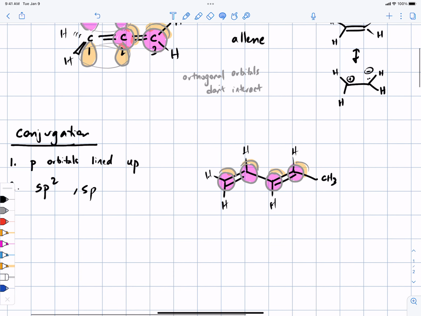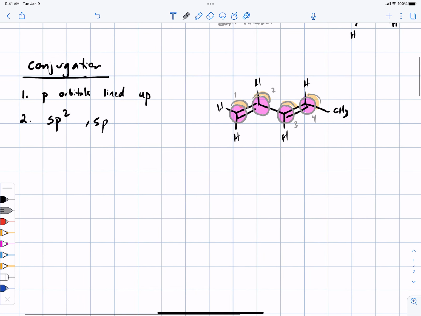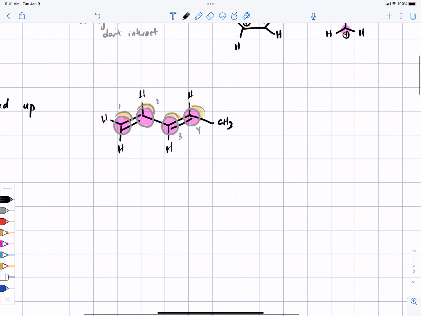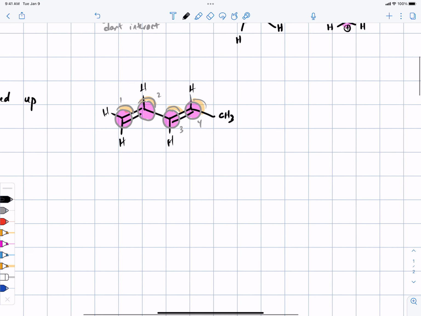This is a situation where carbons 1, 2, 3, and 4 are part of the same conjugated pi system. If you remember some of the stuff that we did at the very beginning of the semester, you can mix these 4 p orbitals together to get 4 pi molecular orbitals out, right?